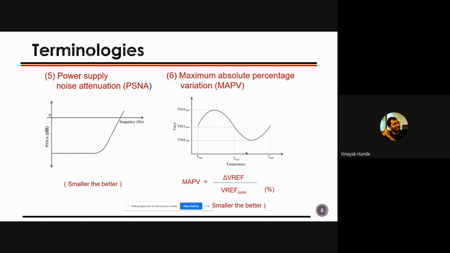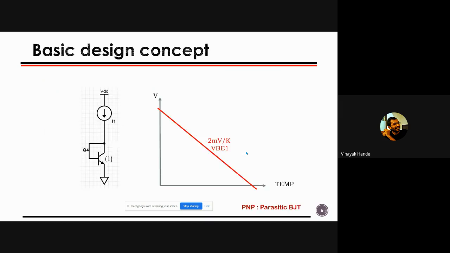Sometimes people write it as map V, or sometimes as a TC, it doesn't matter, because both represent similar characteristics or testing of our voltage reference, right?